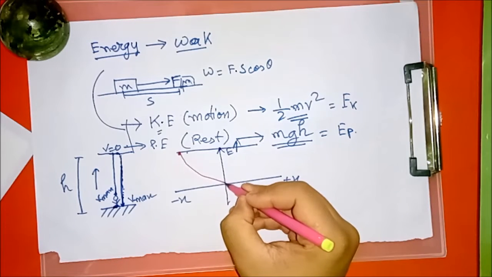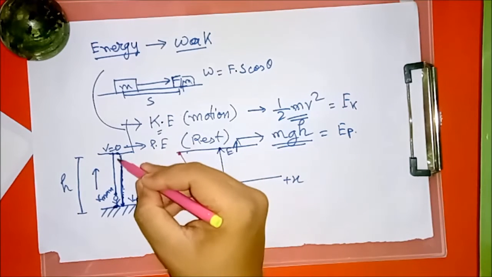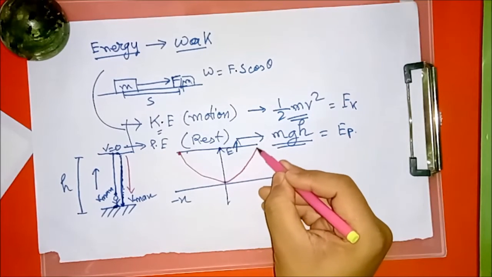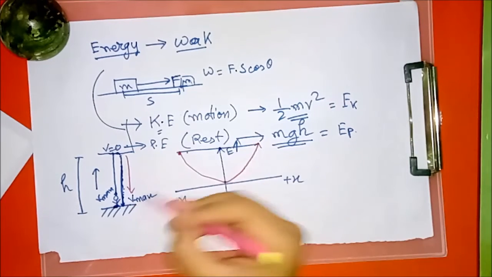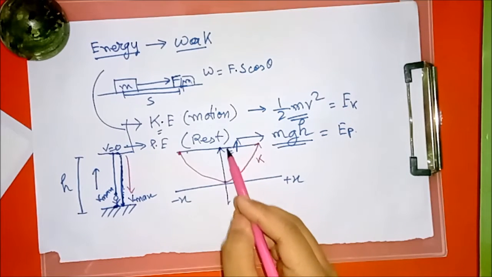At this instant the kinetic energy is approximately 0 for a moment, and again when it is coming down from here, it gradually increases and reaches a maximum value at the ground. So this is the kinetic energy variation with displacement.